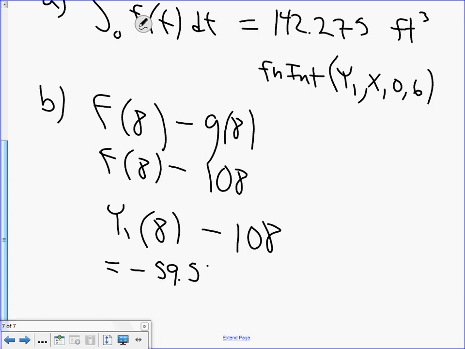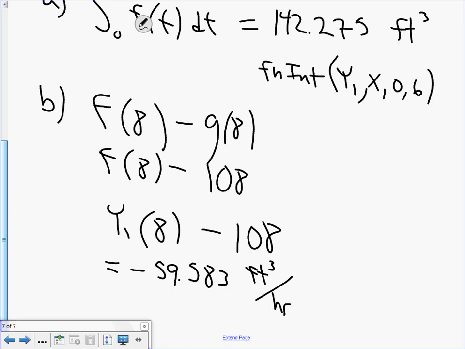Well, what does it mean? The rate out's faster than the rate in, so the volume of snow on the driveway is decreasing. I don't know if they asked us that. Nope. But as far as the units go, it's cubic feet per hour. They didn't ask, but might as well.